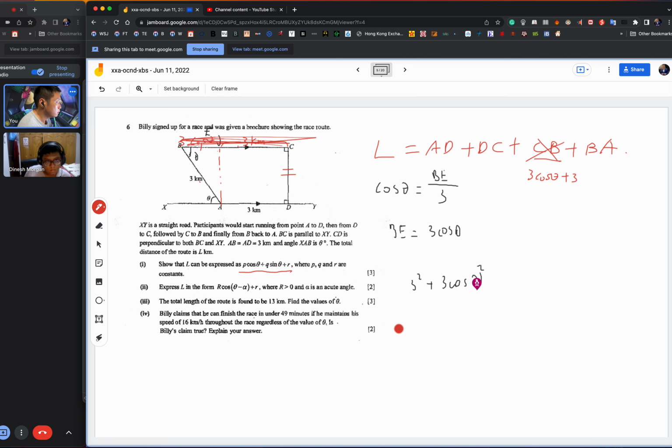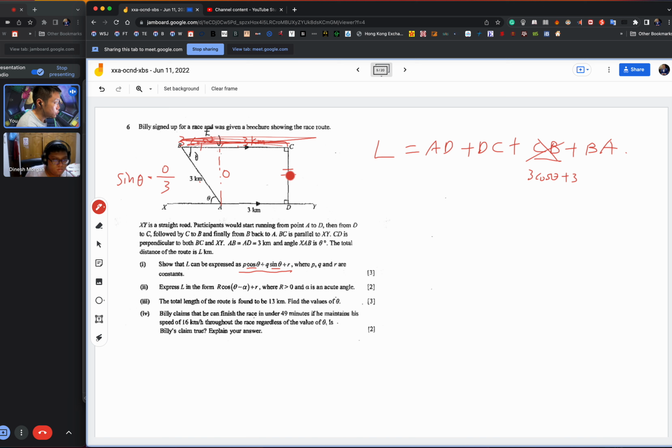I thought you can use sine because they want cosine and sine. For this one, sine theta is O over 3.